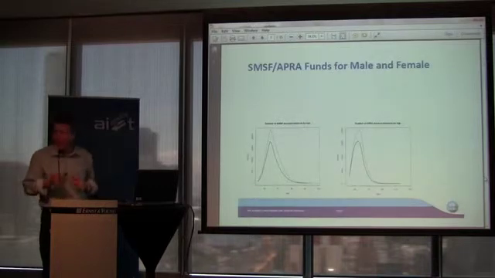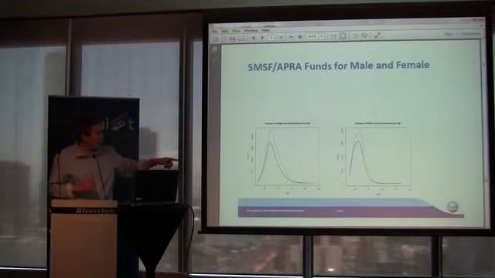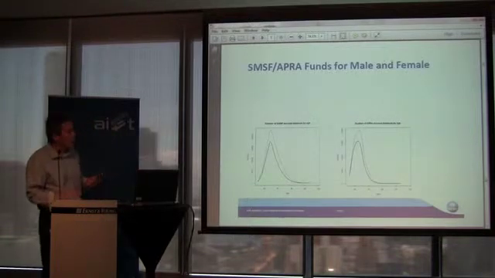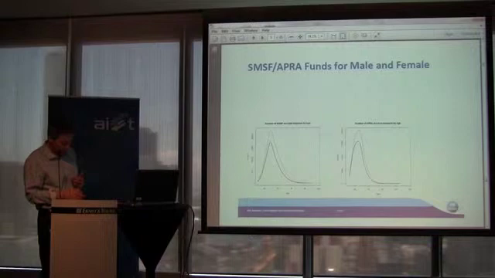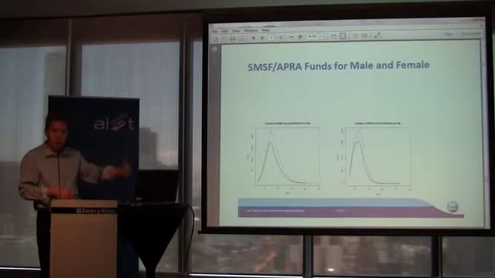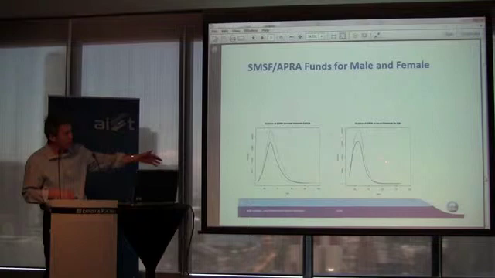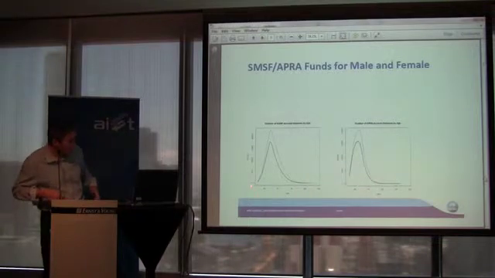So that's what we were trying to get out before I came here, looking at the age and gender gap. You can see the thin line is male, and the thick line is female, in terms of proportion of the funds collected for self-managed fund and also for APRA, across the age groups.